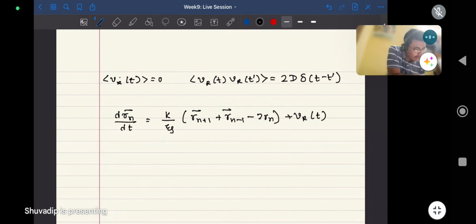And the boundary spring is slightly different, because the boundary bead has only one spring attached, whereas all the intermediate beads have two springs attached. So the equation of motion of the boundary beads will look a little bit different.